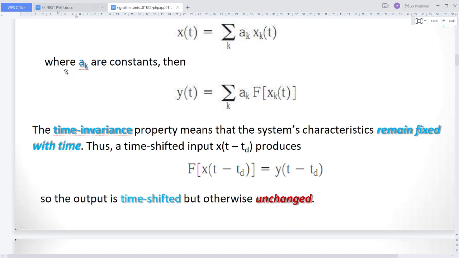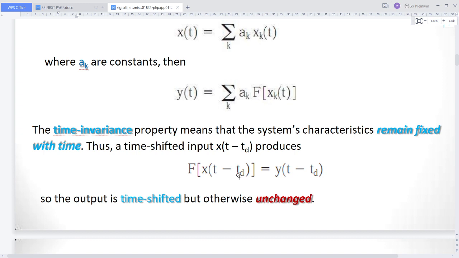Simple thing. If you introduce a delay in the input signal, and the same delay follows in the output also, then that system is named a time invariant system. So by seeing this, you should come to a conclusion that here f of x of t minus t_d, earlier it was a transfer function applied on x of t only, but here we are giving some time shift, that is t minus t_d.